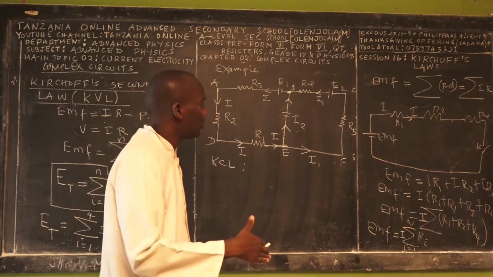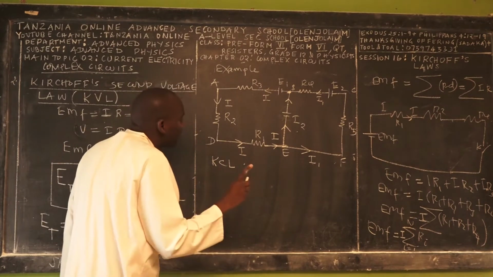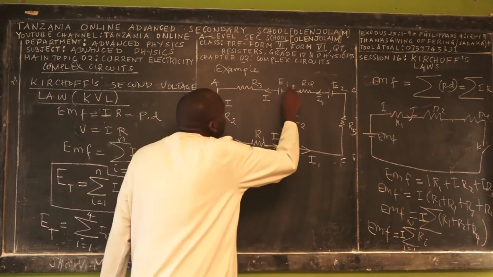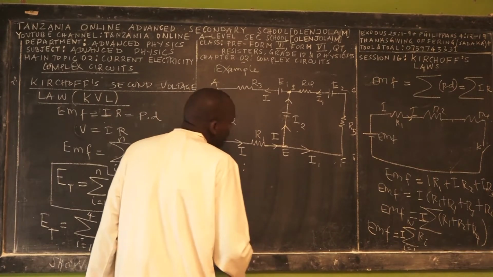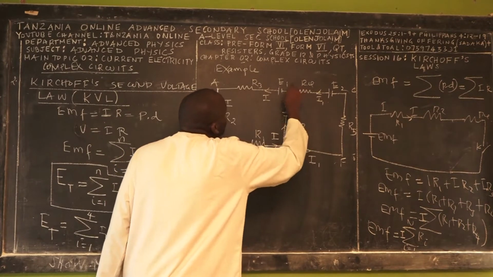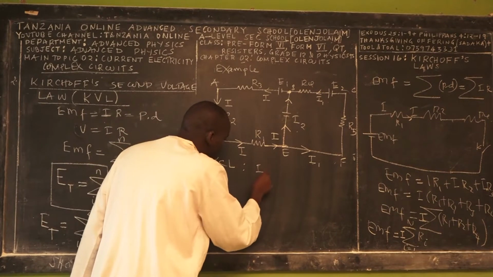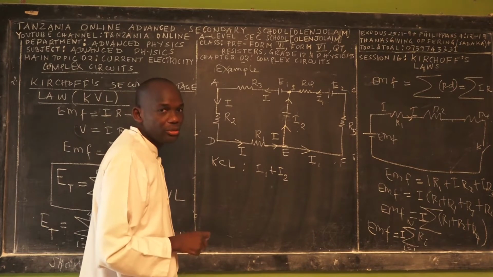So we can use that to make the second sentence. The algebraic sum of currents flowing toward the junction. Which currents flow to junction B? I2 and I1. I2 is flowing towards junction B, and I1 is flowing towards junction B, right? So the algebraic sum will be I1 plus I2. Are we together? Yes.